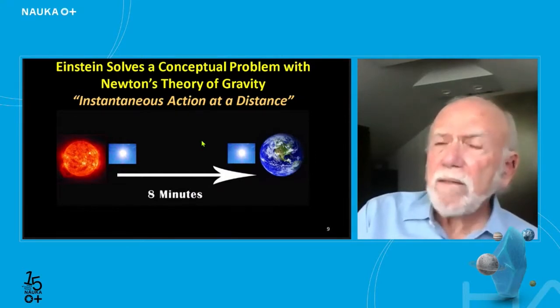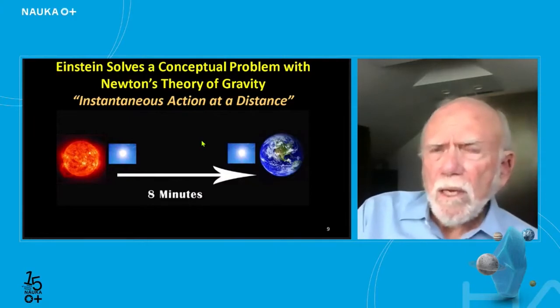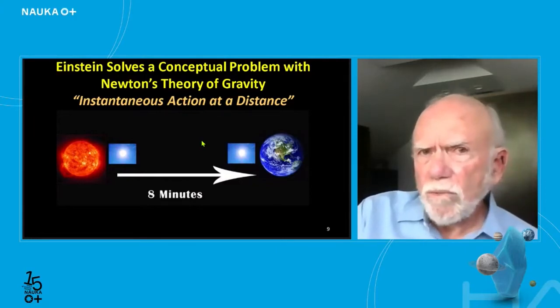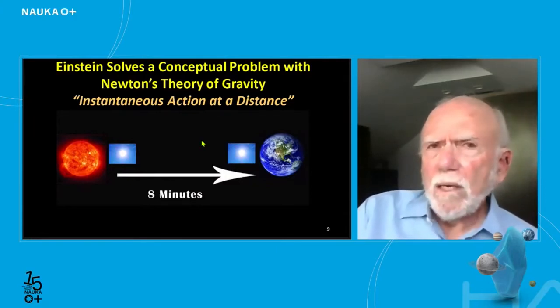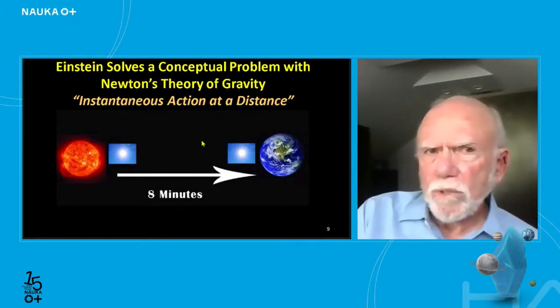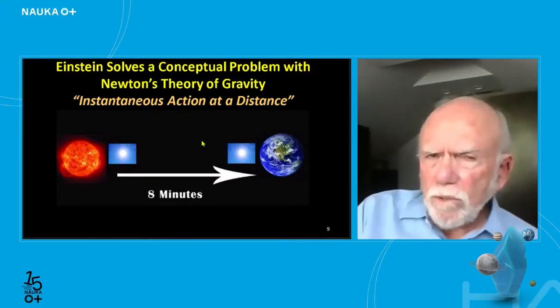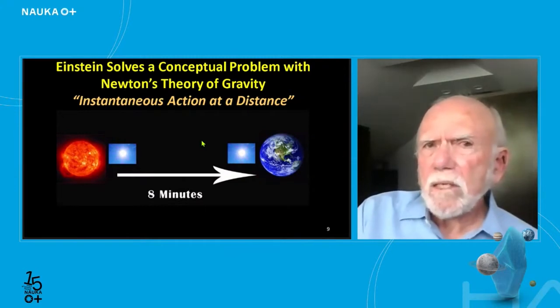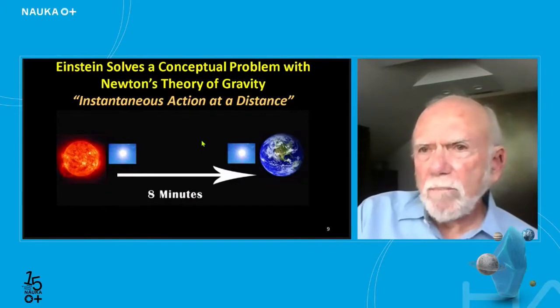And that is that, and this actual deficiency in Newton's theory is something that Newton recognized himself and commented about, but didn't pursue. And that is, Newton's theory basically has instantaneous action at a distance. What does that mean?